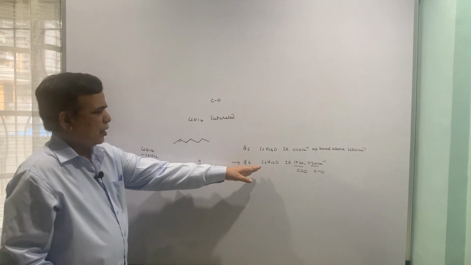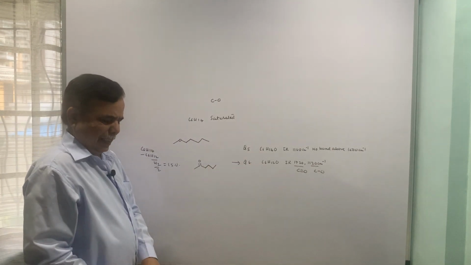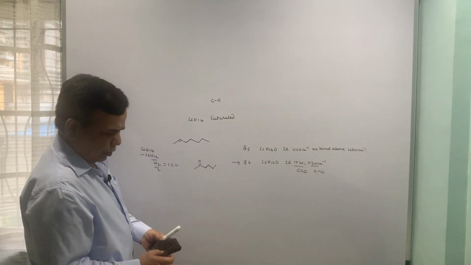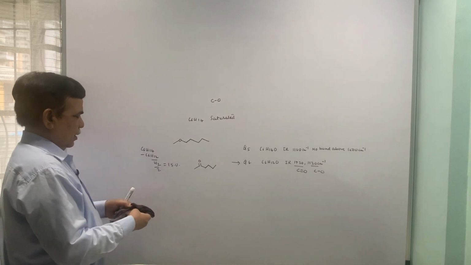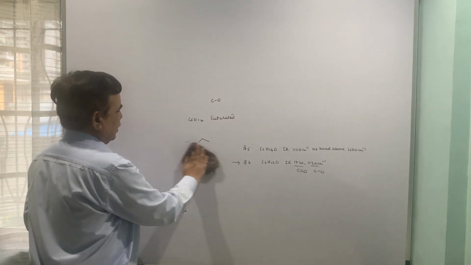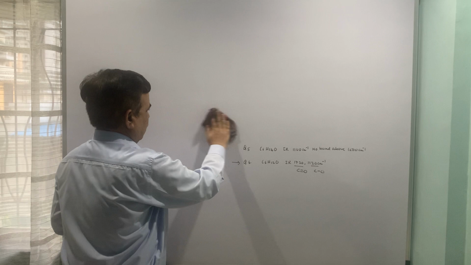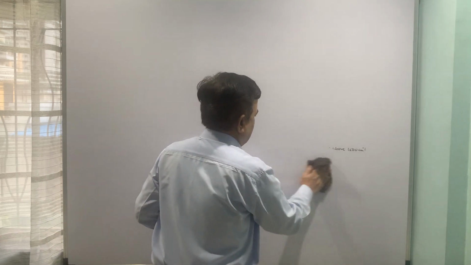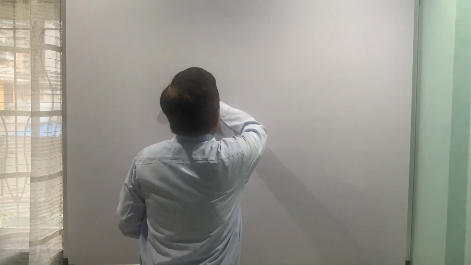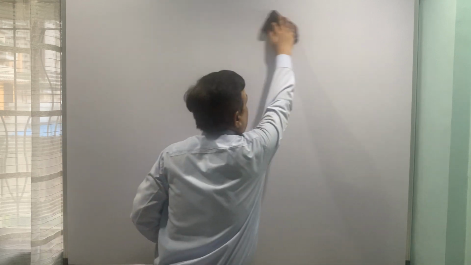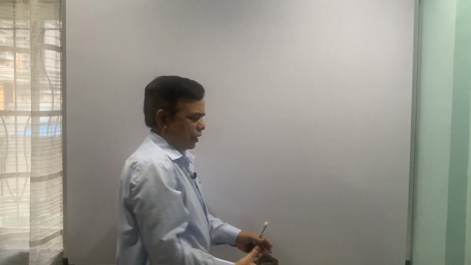The sixth example, this is ketone, this is ether. That is what you have to remember and write down, because these are peculiar frequencies. Anything around 1000 to 1100 is ether. Phenolic ethers are around 1200.